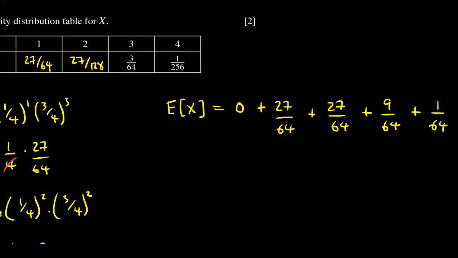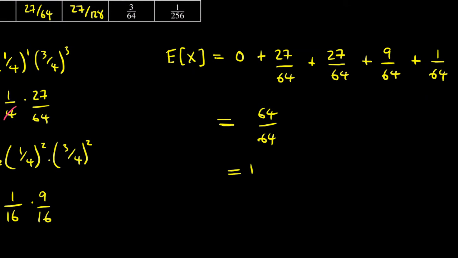So I'm going to add up all these. I got 27 plus 27, plus 9, plus 1, that is 64 upon 64, and of course 64 upon 64 is just equal to 1. The expectation of our distribution is 1.